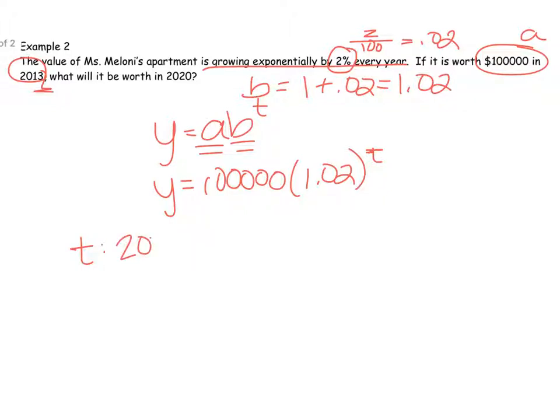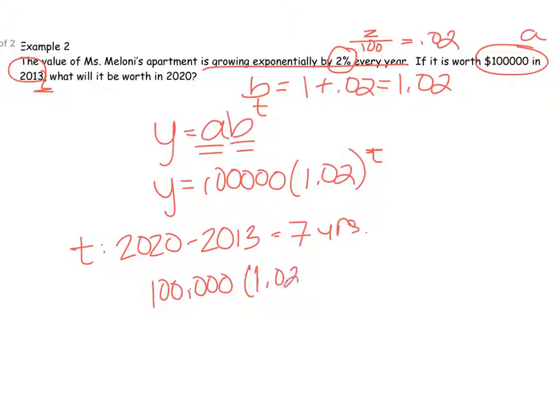So 2020 minus 2013 gives me 7 years. That's for t. So in 2020, the apartment is just worth 100,000 times 1.02 to the 7th power, which gives us $114,868.57, more or less, which seems reasonable for the appreciation of an apartment.